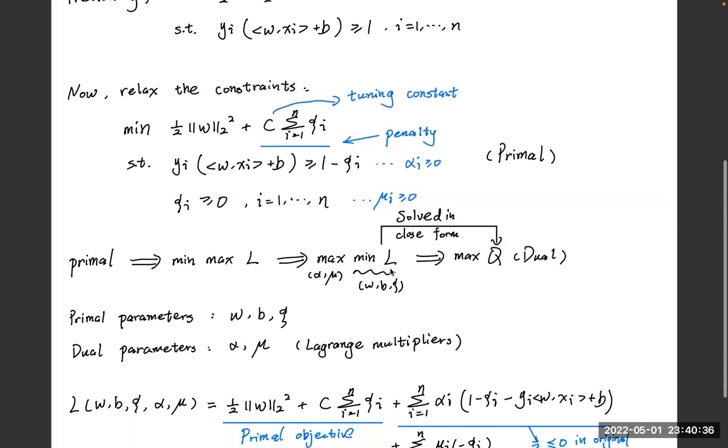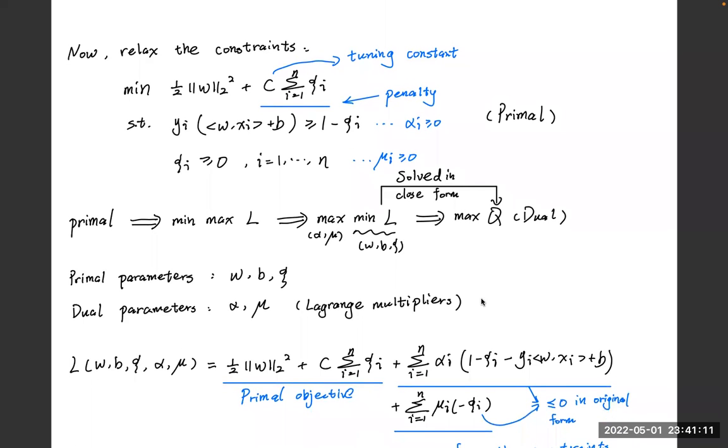Since we have it in closed form, we just maximize this q(alpha) over alpha and also mu, with some constraints that, as we will see later on, are simple. This is the dual problem: maximize the dual function q(alpha) over alpha. This problem can be solved very easily. That's the whole purpose of translating the primal problem into a dual problem.